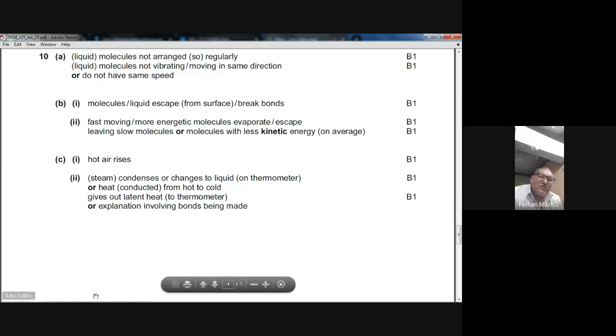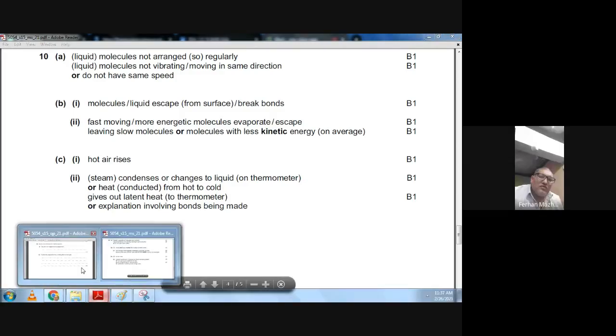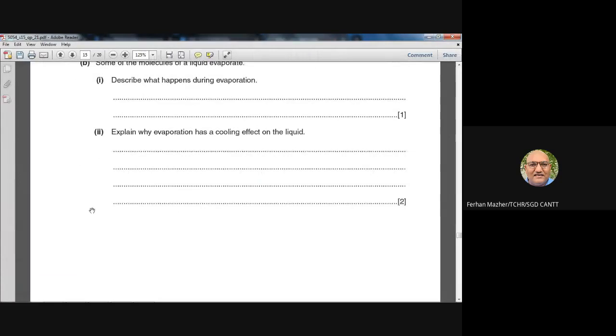Yeah, that's good. The next part is explain why evaporation has a cooling effect on the liquid. Whenever the evaporation happens, the liquid which is left behind, its temperature drops. We have to explain why this happens. You see, the molecules in the liquid which have higher kinetic energy, they leave from the surface.